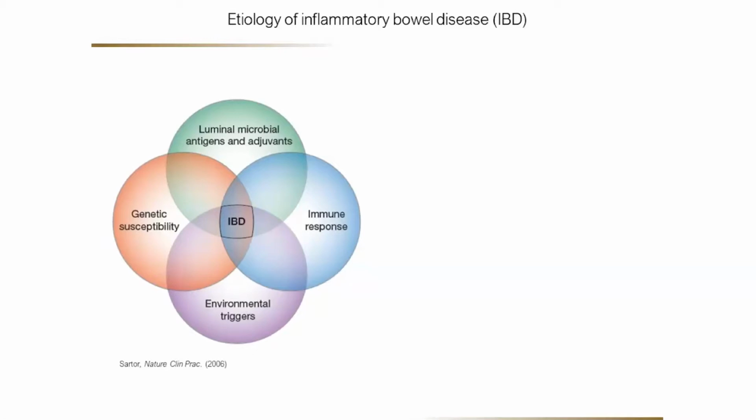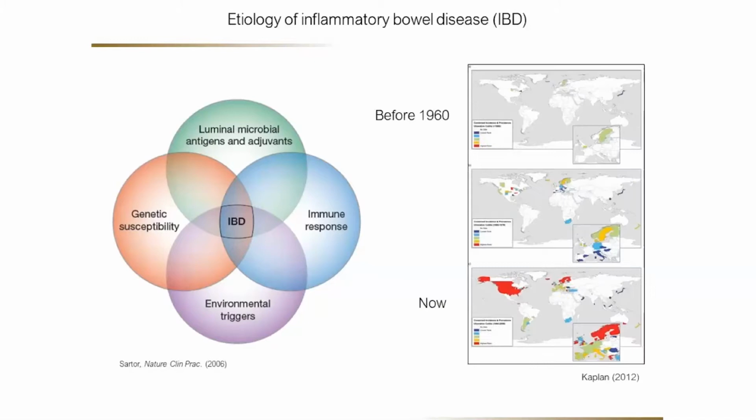There's also this component of environmental triggers, and while we know that plays a role, it's probably the least understood component of the disease. The reason this is all important is because in the US, there are over 2 million Americans living with IBD, and over the past several decades, the prevalence has been increasing, especially in developed nations.